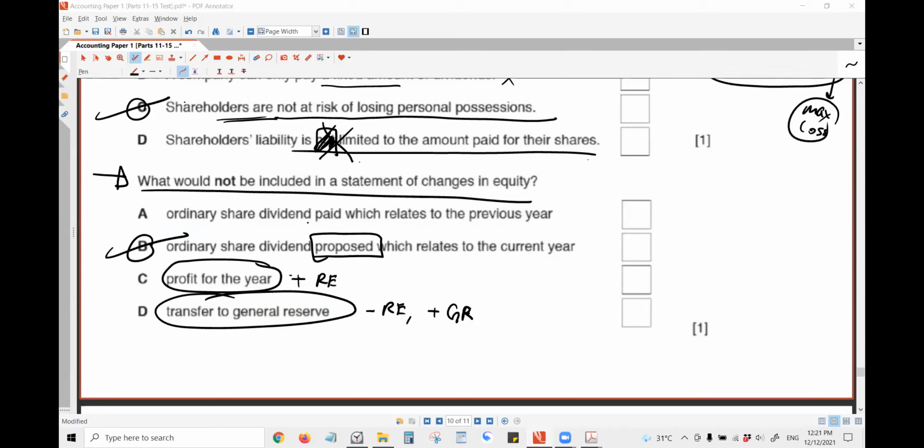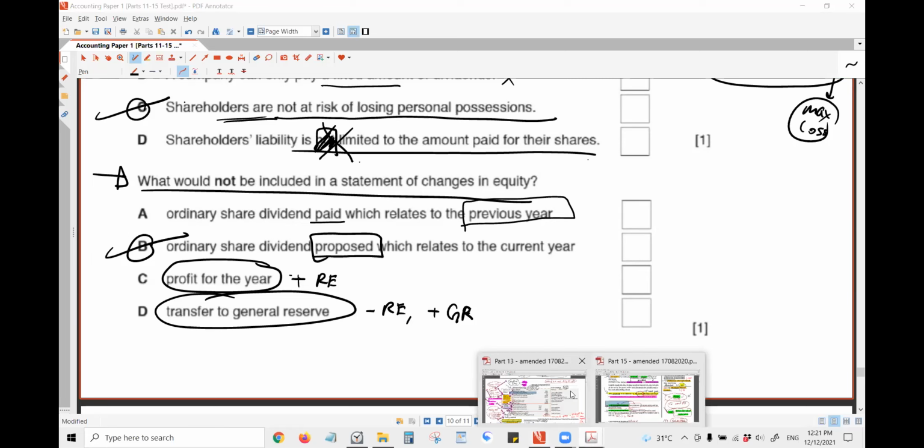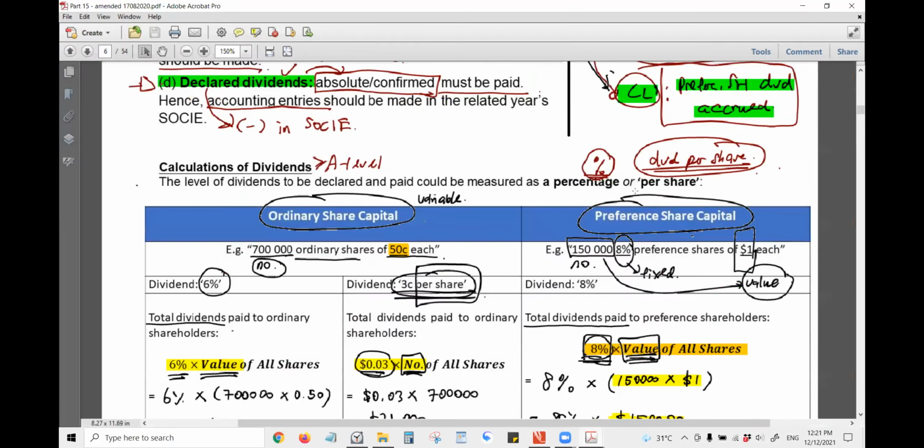Ordinary share dividend paid, which relates to the previous year. I know previous year, but look at the notes again. You have to take the previous year's final dividends and the current year's interim dividends.